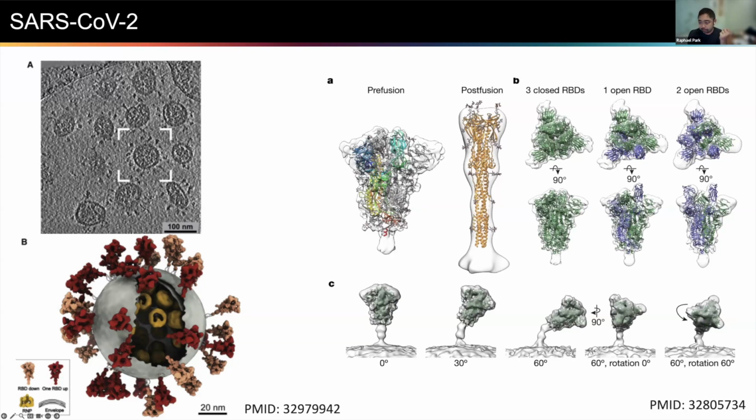I think this was a very interesting point of debate when people were comparing purified spike versus the native spike, and whether this partial opening of the receptor binding domain is true on the surface of real virus, or is it an artifact of purifying this complex. So cryo-ET was really powerful in the pandemic in understanding the molecular nature of SARS-CoV-2.